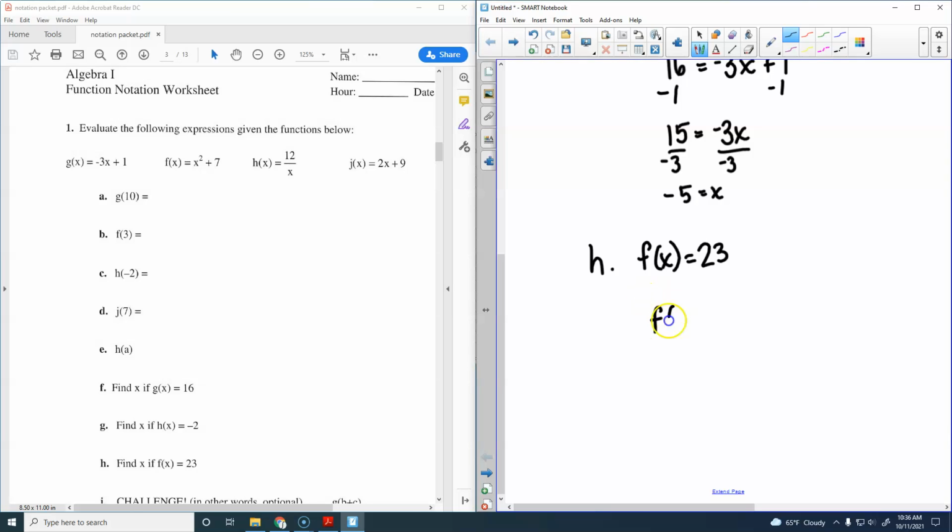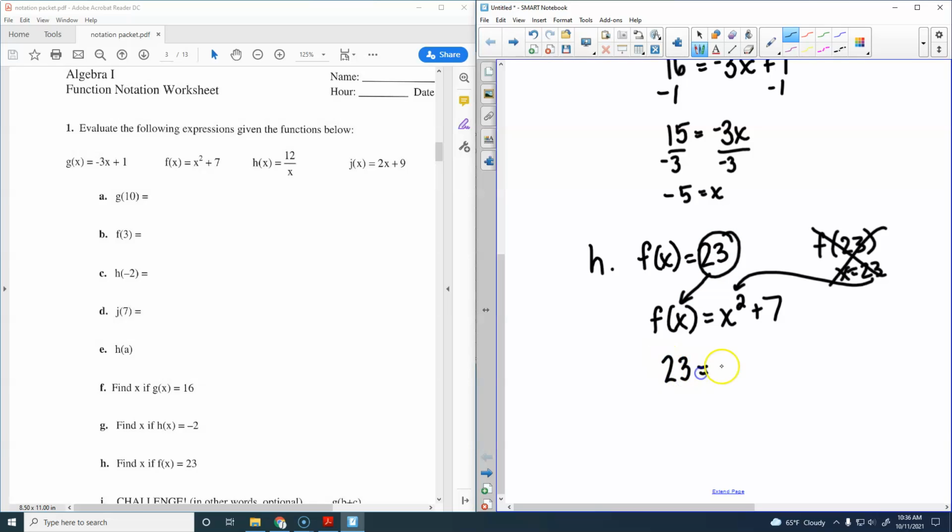So we got f of x equals x squared plus 7. So if they wanted me to replace the x, it would look like this. They'd say f of 23. That tells me x equals 23, and I plug it in, right? But that is not what we have here. So they're telling me f of x equals 23. So that means I replace this whole side with 23. So I've got 23 equals x squared plus 7. Now, Peyton, what would I do to solve that?